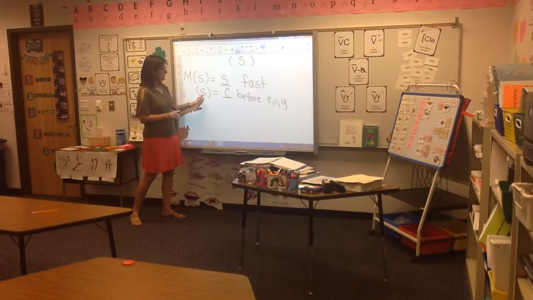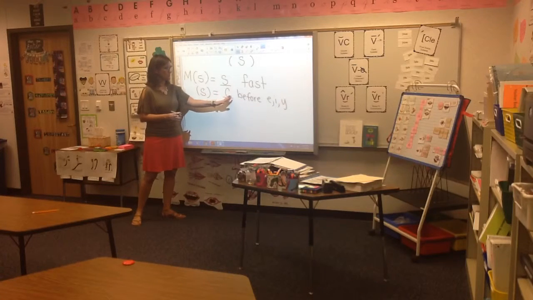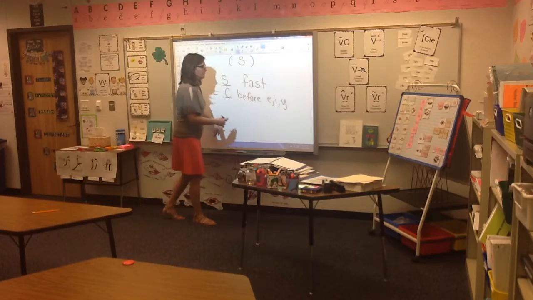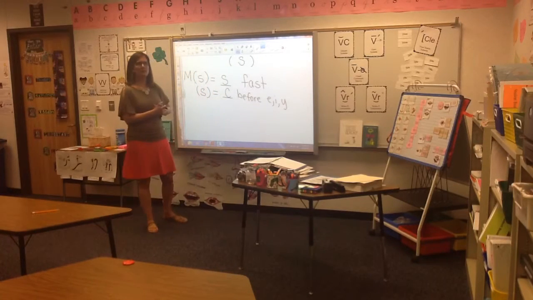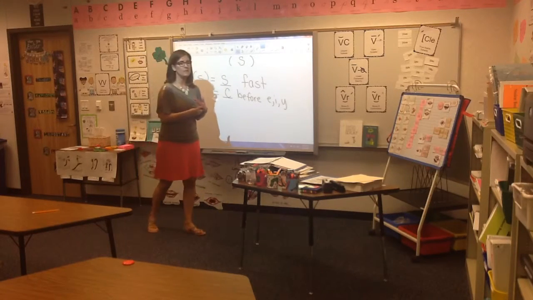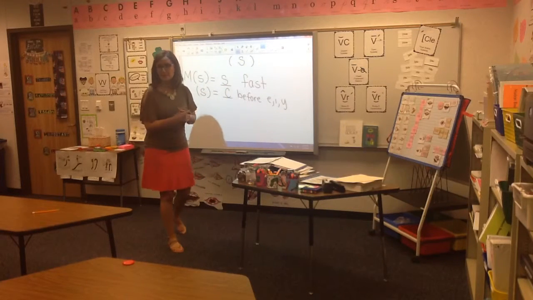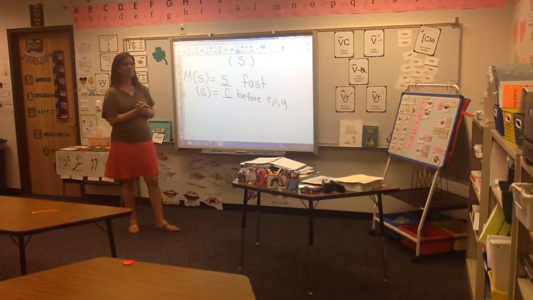Then in medial position it can also be spelled C. They're going to write the rule out again. This one can be kind of tricky because it does happen in two-syllable words sometimes, but for the young ones, maybe princess would be a good word.